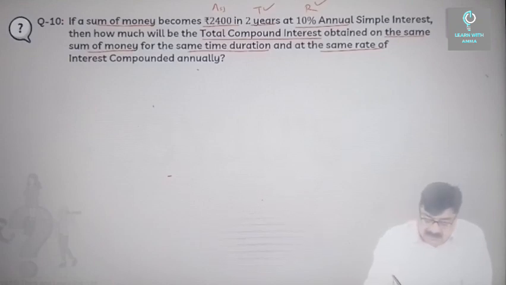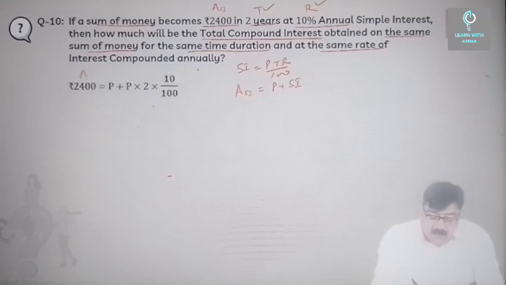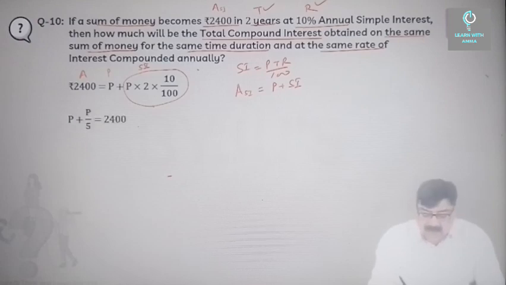Now, there are 2 ways of solving this. First is, you know that simple interest is PTR by 100 and amount obtained through simple interest is principal plus simple interest, that is PTR by 100. So by that, this is the amount, this is principal, and this complete is simple interest. Now, by calculation, you have this cancelled by 5.